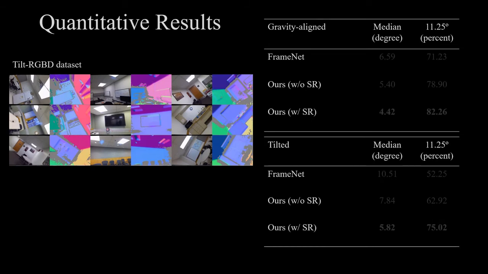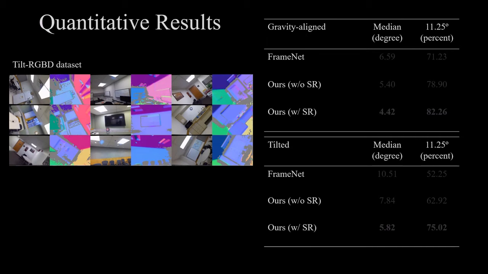To verify the effectiveness of our spatial rectifier, we propose a new dataset called Tilt RGBD that includes both gravity-aligned and tilted images. We compare our proposed network with and without the spatial rectifier and against FrameNet, the state-of-the-art surface normal estimation network, using 2 metrics: the median of angular error and the percentage of pixels that have error less than 11.25 degrees.